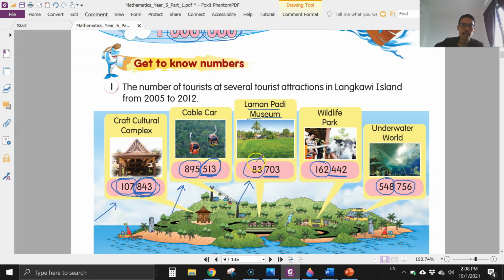Next, 83,703. 703. Next, 162,442. 442. Lastly, 548,756.